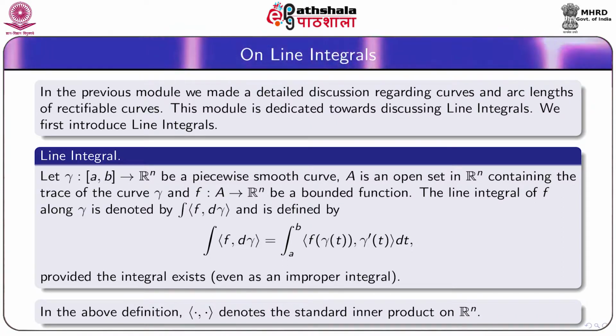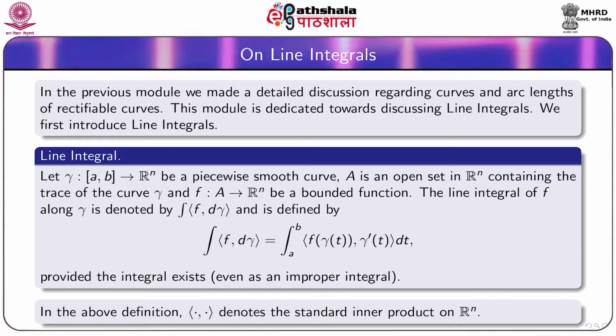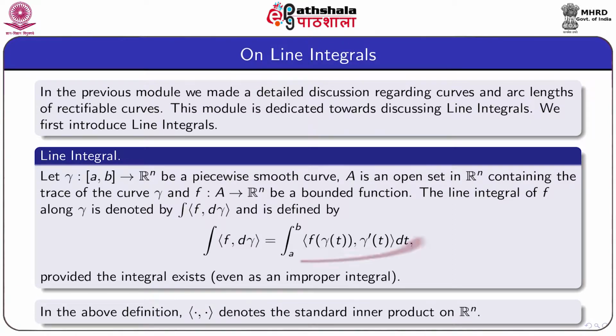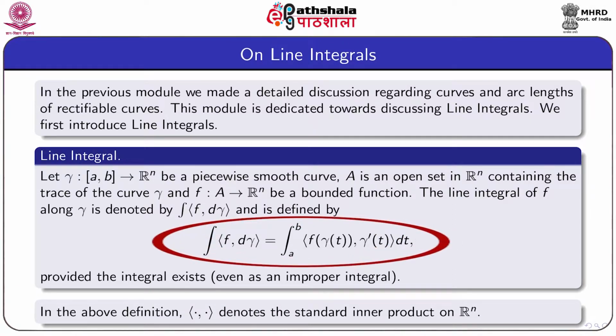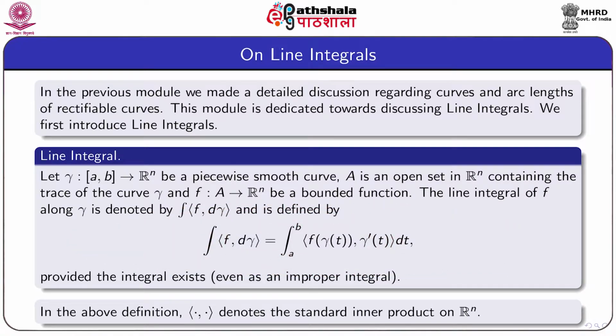The line integral of f along gamma is denoted by integral inner product f d gamma and is defined by integral inner product f d gamma equal to integration a to b inner product f(gamma(t)), gamma dash(t) dt, provided the integral in the right hand side exists.